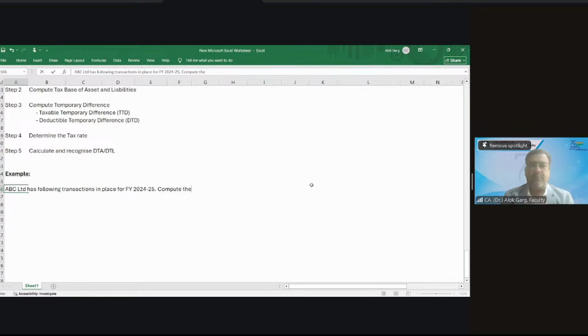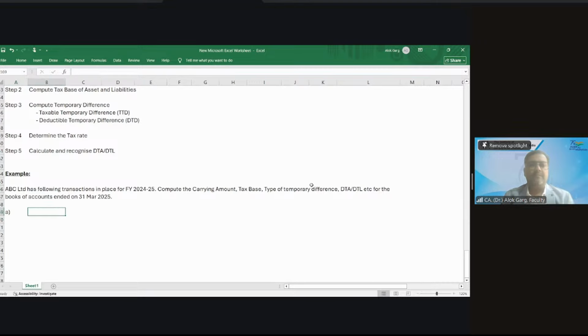So compute the carrying amount, tax base, type of temporary difference, DTA/DTL, etc. for the books of accounts ended on 31st March 2025.